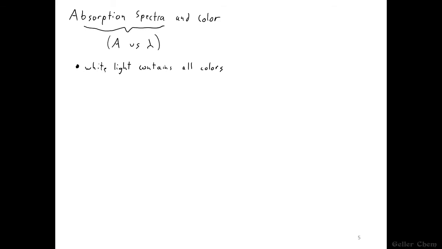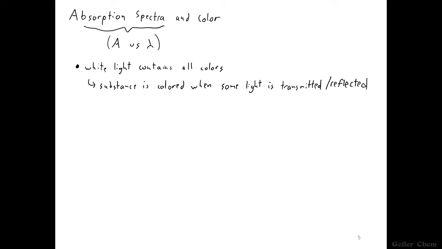And a substance is colored when some light is transmitted or reflected and some is absorbed. A substance is colored when some light is transmitted slash reflected. We'll get into the difference momentarily.